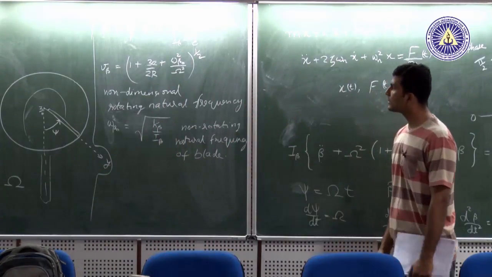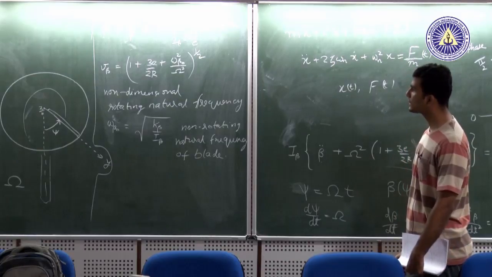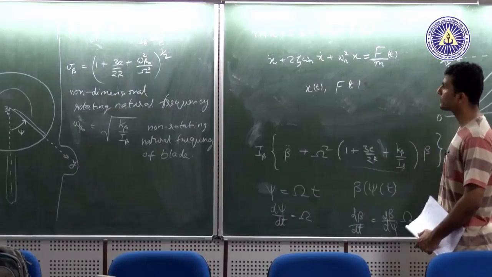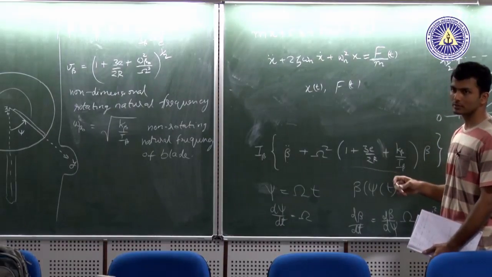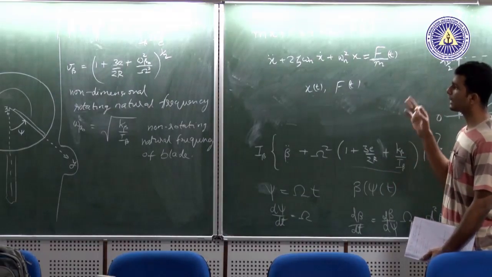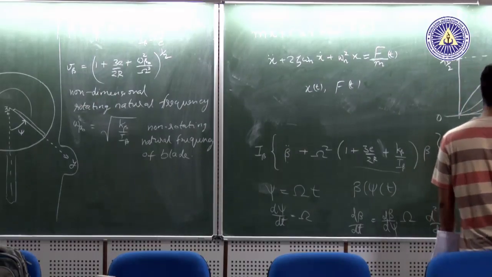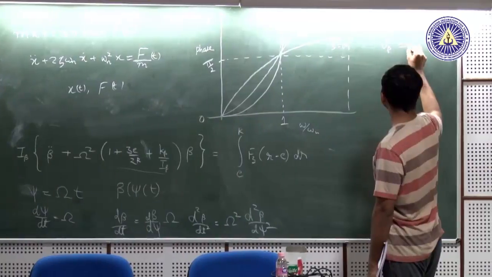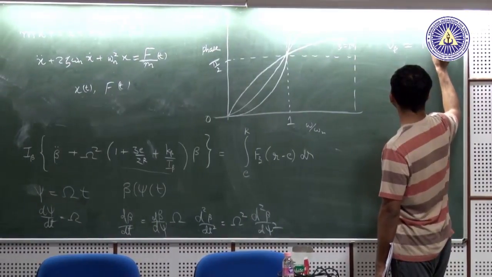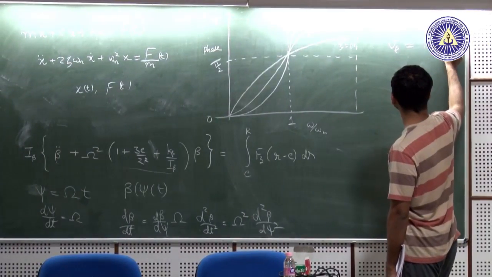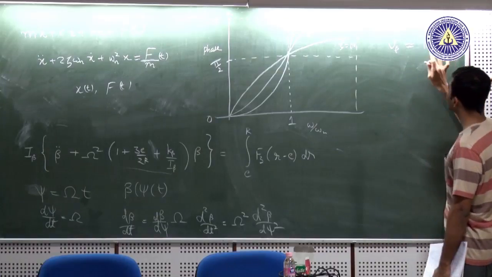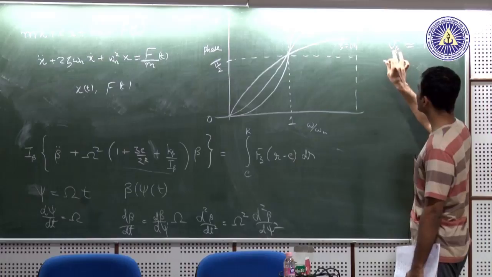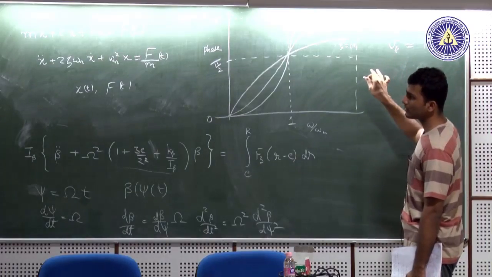So for the helicopters that we have in our lab, nu beta is more than 1, but it's not so high. I mean, nu beta will be of the order of 1.075 or something.